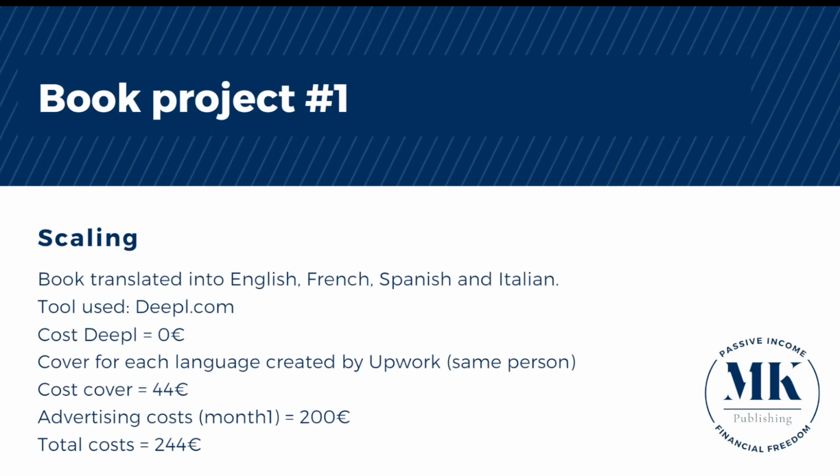I translated into English, French, Spanish, and Italian. I used the tool deepl.com. It's completely free. And of course, if you are creating a book in a different language, you need another cover. The cover design could be the same, but you have different titles, so you need, again, a new cover.